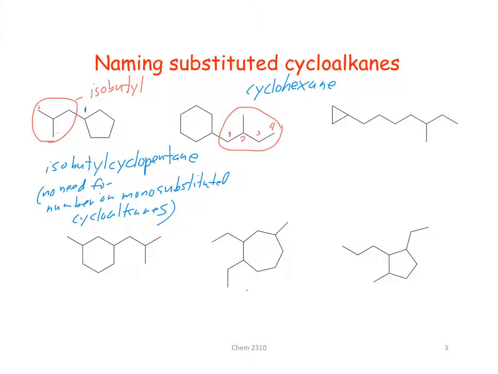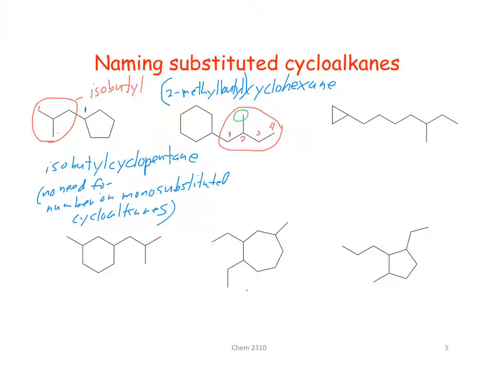So this is a butyl group, and it has this methyl group attached at its position 2. So this is going to be a 2-methylbutyl, and we'll put that all in parentheses.